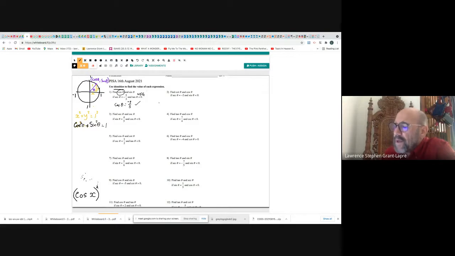Well, if I take sine squared theta equals 1, take the cos squared over here to be minus cos squared theta, that's called an identity. These two formulas are called identities. Now, if you know that cos theta is negative 3/5, when you square that, you're going to get 1 minus 9 over 25, and you're going to get 16 over 25.